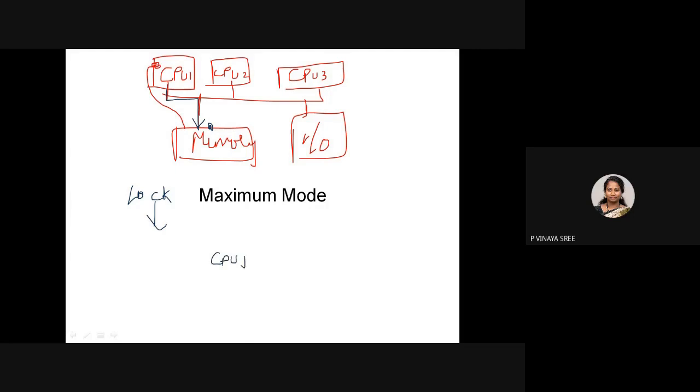By seeing this lock, the other processors know that some processor is using the system bus for accessing the memory or IO. For example, if you are having an online exam, you will lock your door and write your exam, telling your parents that you have an exam, please don't disturb, and you keep a lock for your room.